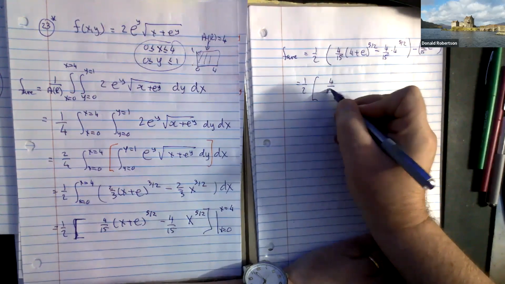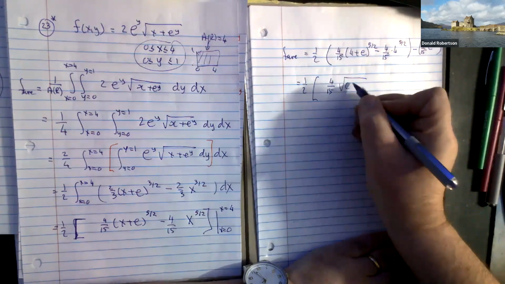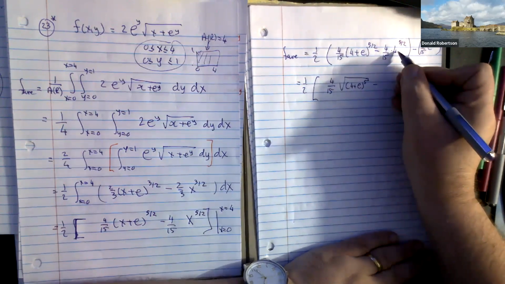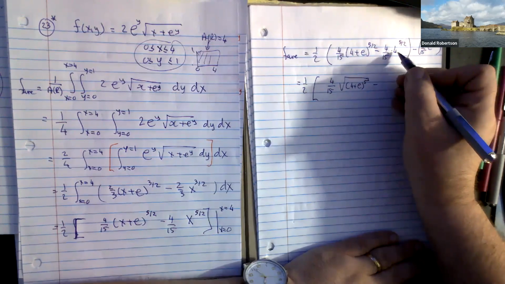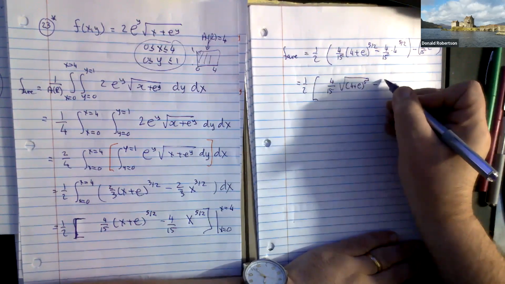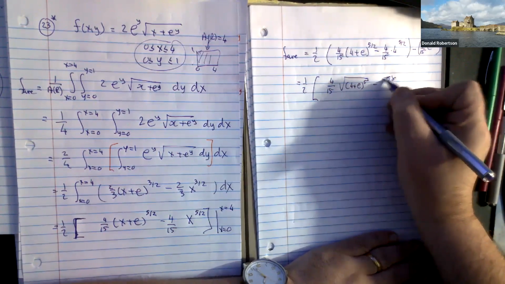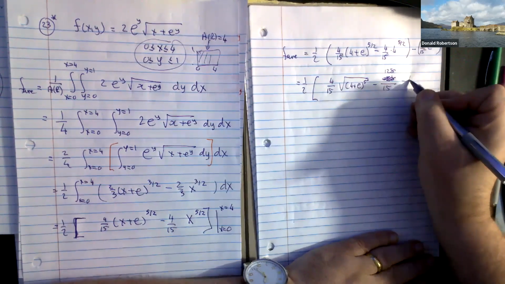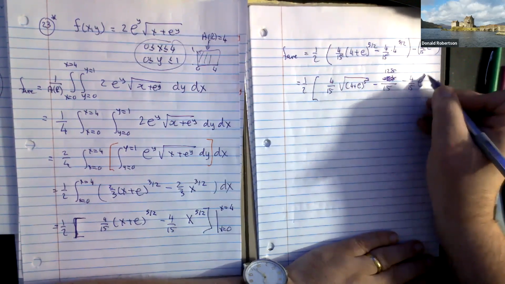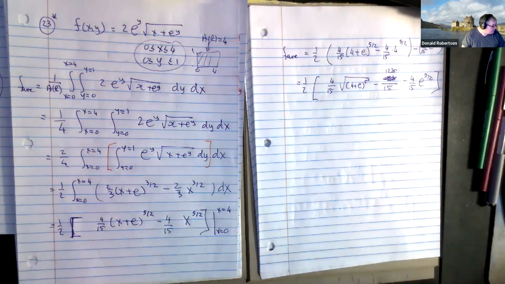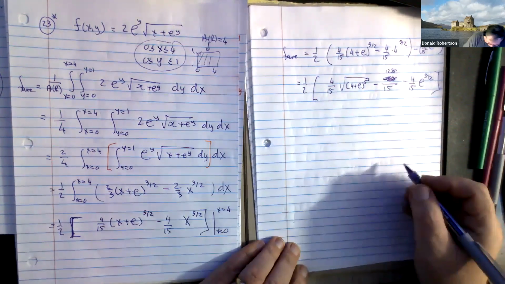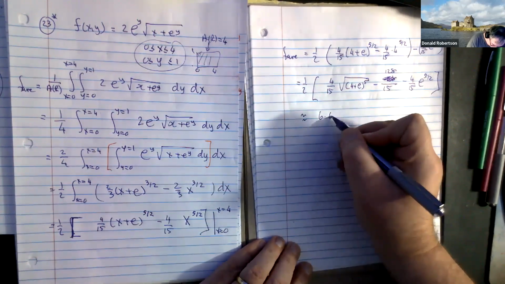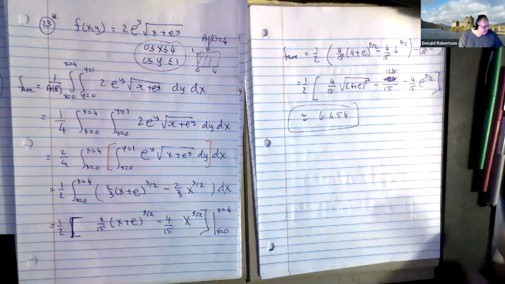I got 4/15 that guy, which really isn't going to come out as anything nice. That guy there is not bad, because what you get is 16, you get 32, and 4 32s is 128. Is 128/15, but check it. And that guy there's not much. And allegedly, this answer is about 6.654. I'll trust WebAssign for that.